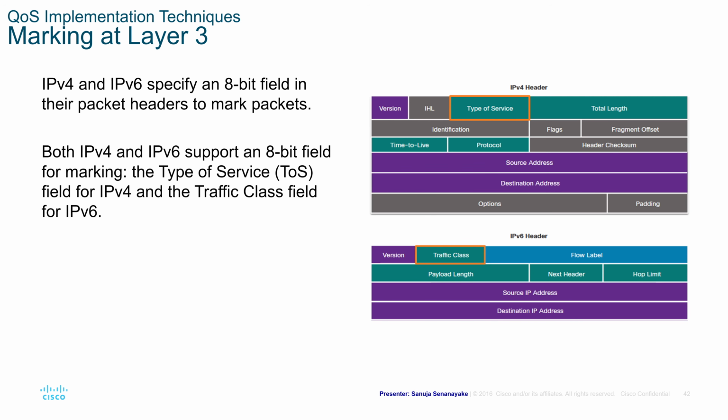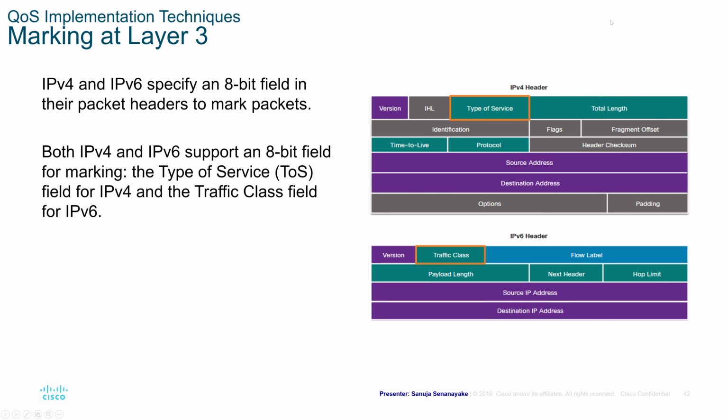The type of service field is used for IPv4, while the traffic class field, which is a different way of naming it, is used for IPv6. But what both are basically doing is using an 8-bit field to mark the packet header.